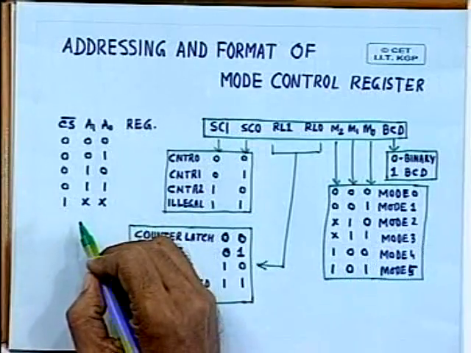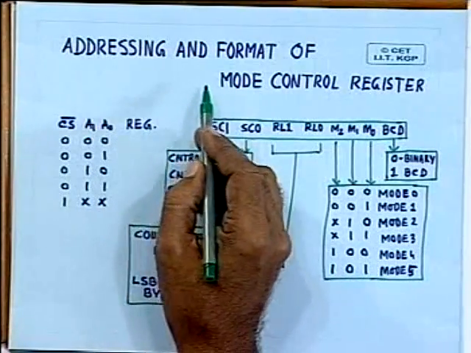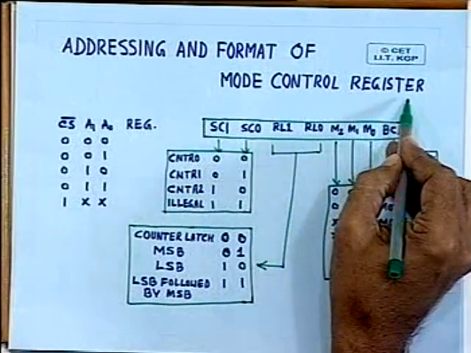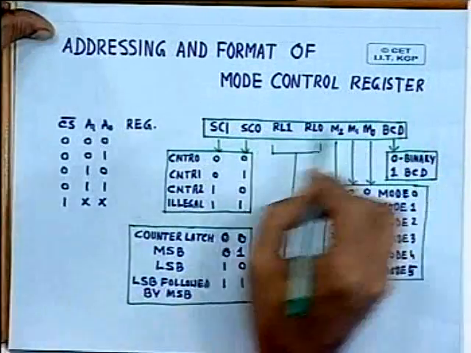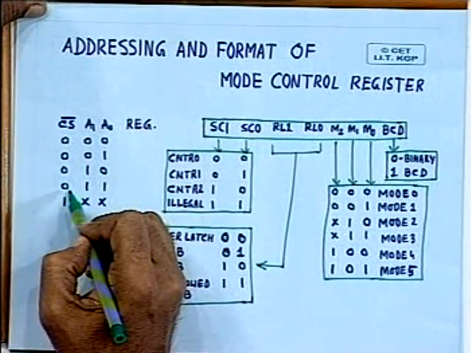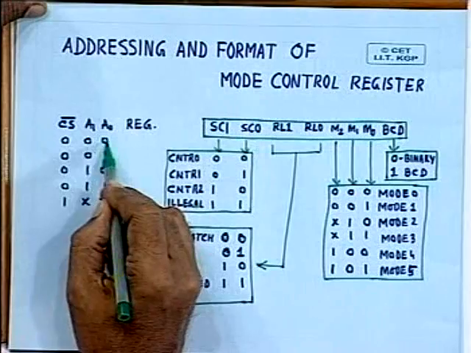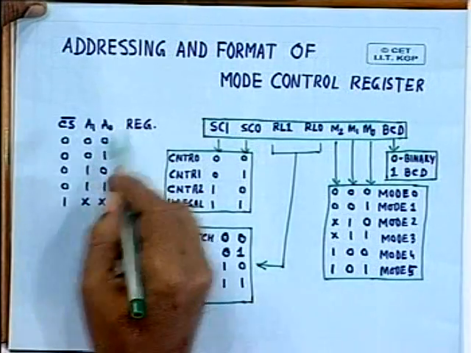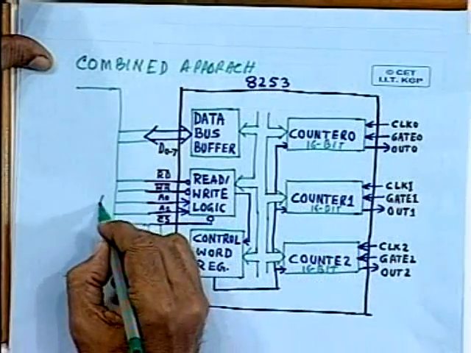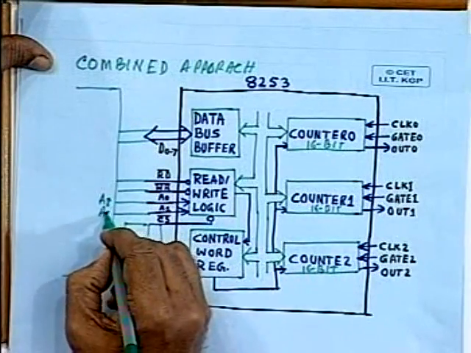This diagram shows how the registers can be accessed and what are the different formats for the mode control register. Obviously, for accessing the registers, the chip select line has to be 0, and depending on the values of A0 and A1 which are connected here, you may connect A8, A9 as well, because these are mapped on the IO address space.